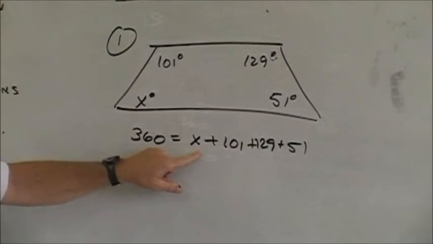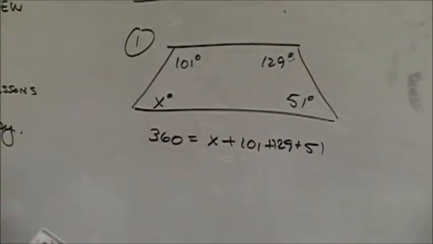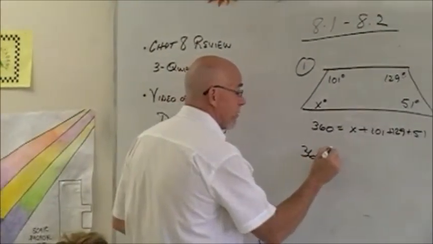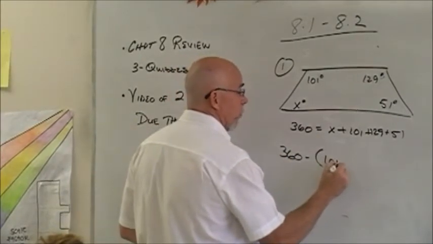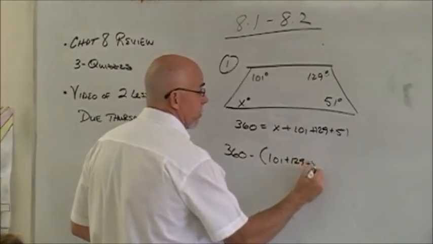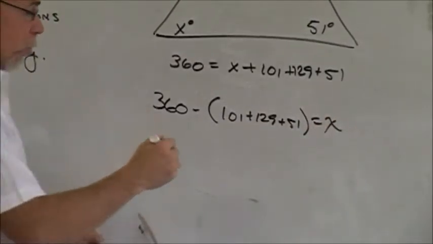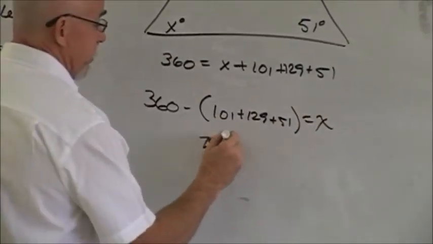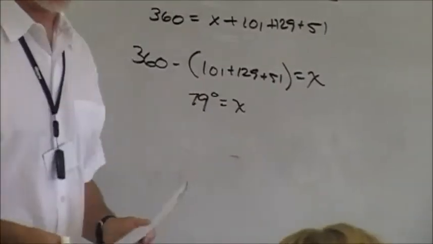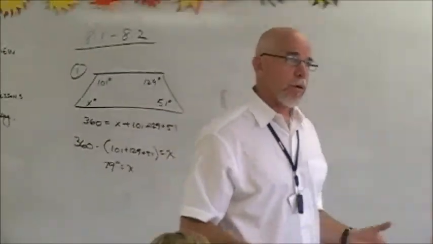Add them all up and subtract from 360. So I would take 360 and subtract away what those other angles add up to. That would tell us what x is. And if you do that arithmetic of adding and subtracting, you get that x is 79 degrees. Can you remember that all four angles of any quadrilateral add to 360?